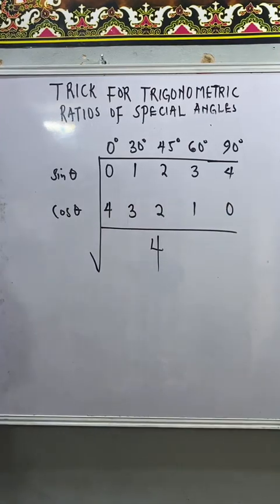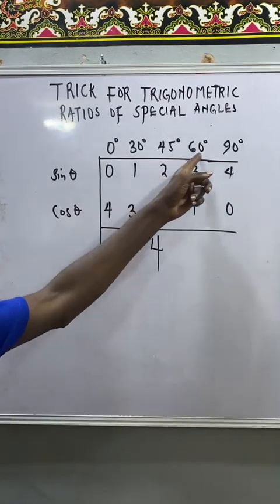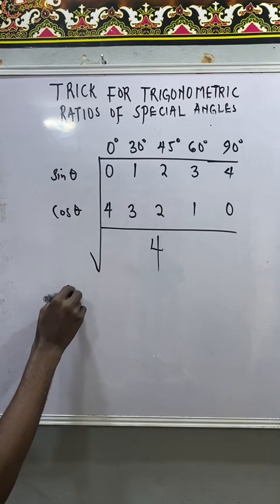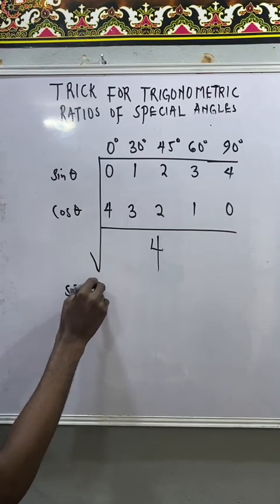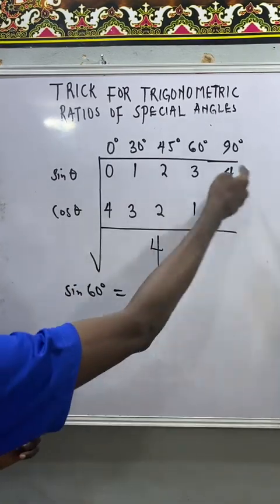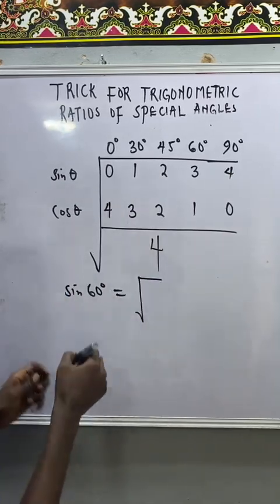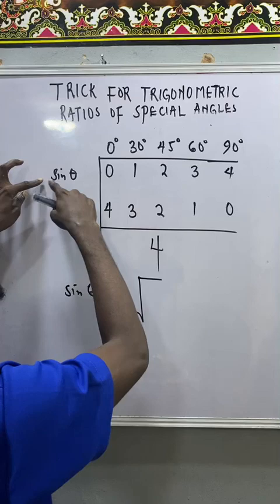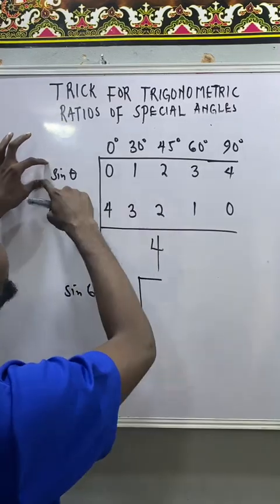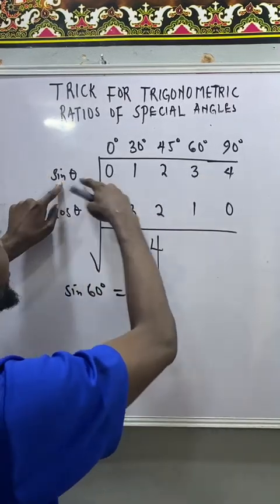Now, if I am asked to calculate sine 60 degree, you can see that this is a big square root. Write the big square root. Square root of what sine corresponds to, both vertically and horizontally.